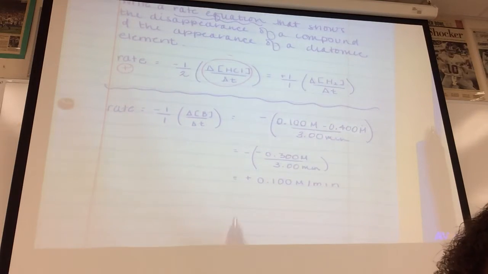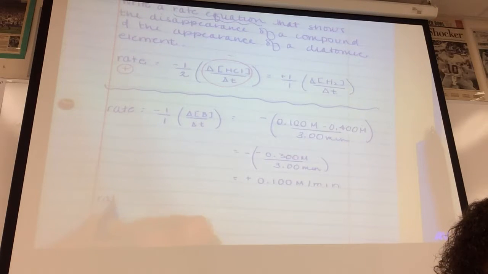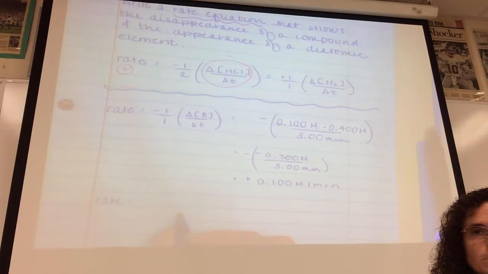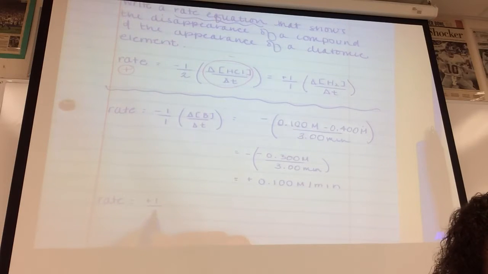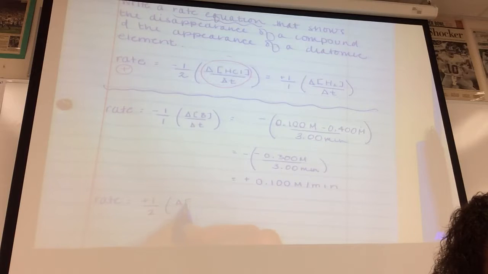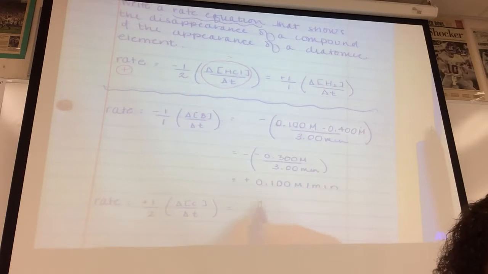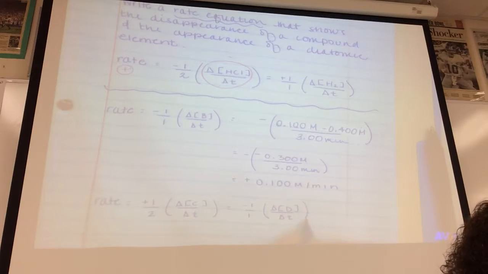All right, what is the rate of formation of C? So you have rate is equal to, C is a product, so we have +1 over its coefficient, change in concentration of C over change in time, and we'll set that equal to the B part, -1 over 1, change in concentration of D over the change in time.